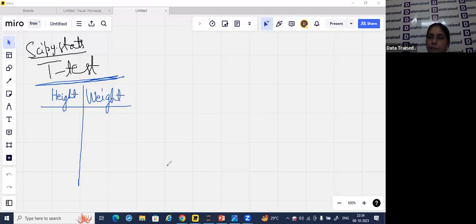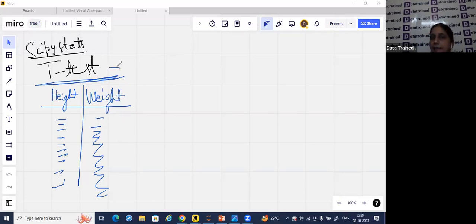I have 50 rows in height and 50 rows in weight. Now I want to understand whether the height and weight have the same mean.